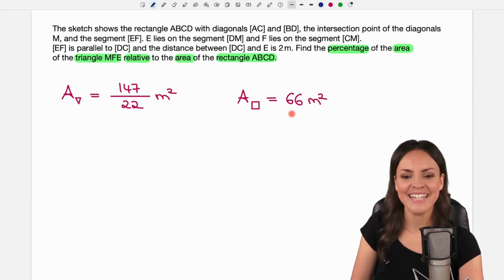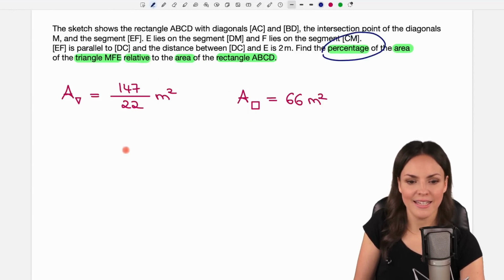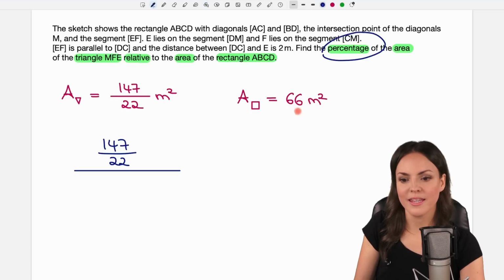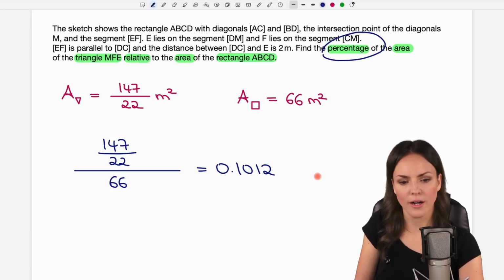We take now both of our areas and go to the beginning and try to remember what we wanted to do here. We should find the percentage of the area of the triangle, so this area, relative to the area of the rectangle, so this area. So we take the area of the triangle and divide this by the area of the rectangle. And if we calculate this, we get a value of 0.1012 and so on.